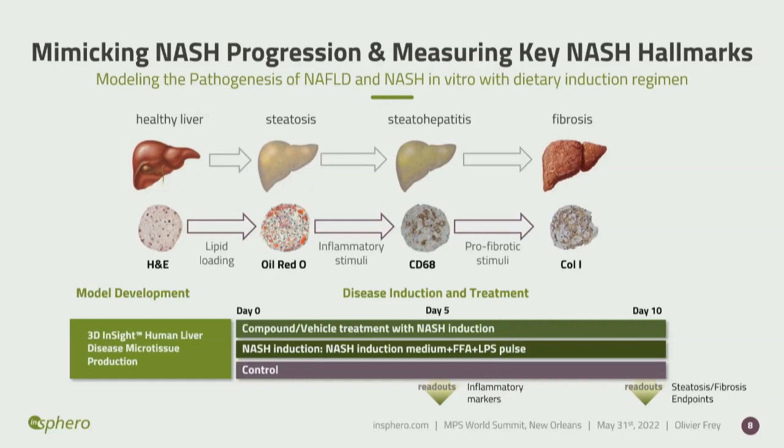With inflammatory stimuli, we can get steatohepatitis, the inflammation that is seen in the tissue of the Kupffer cells here, for example. And with profibrotic stimuli, we can drive them into even more complex diseases like fibrosis, with collagen deposition that you can also see in the model.